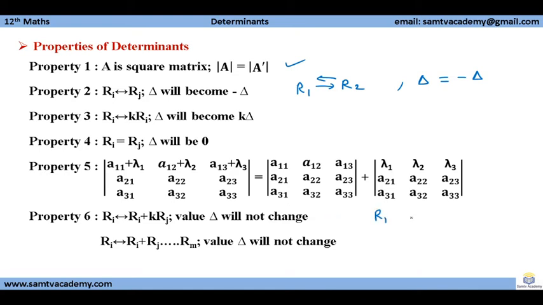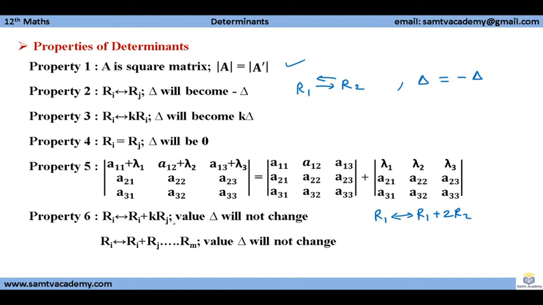Suppose you have R1 and you are replacing R1 with R1 plus 2R2. What will be the value of the determinant? If you are doing this, then also the value of the determinant will be the same. The value of the determinant is not going to change.